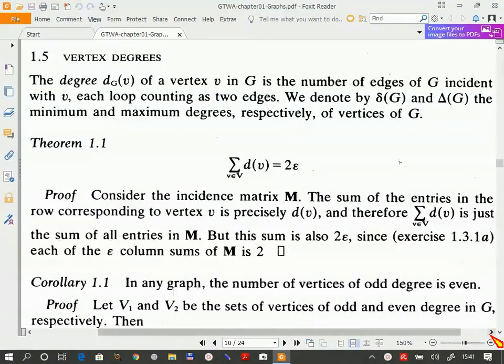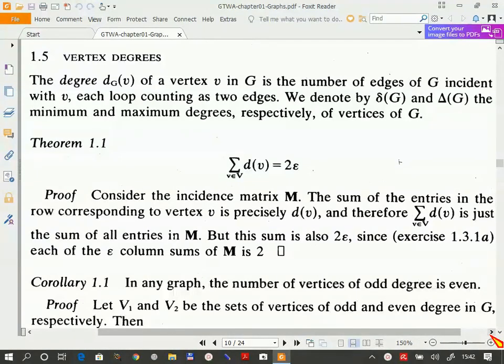So the sum along a row is the degree of the vertex corresponding to that row. If you sum all the entries of the matrix, it is like summing the sum along row 1 plus the sum along row 2, and so on, up to row n. And this gives you the sum of all degrees.